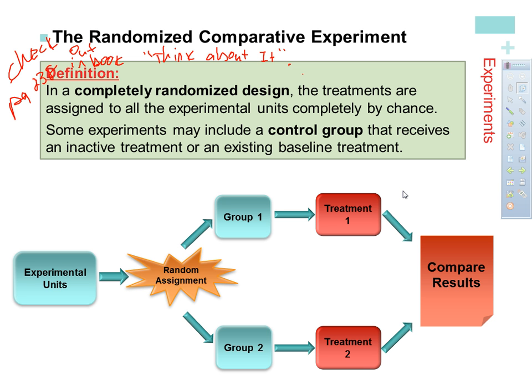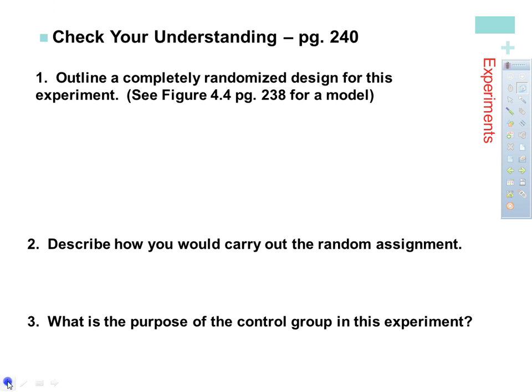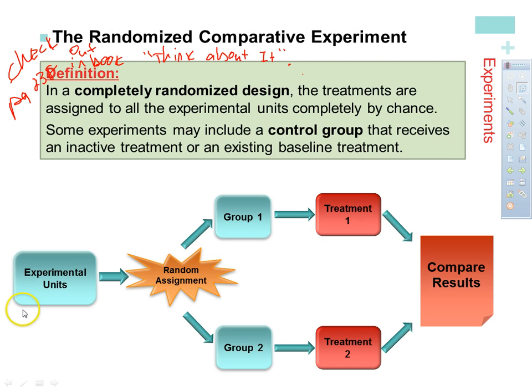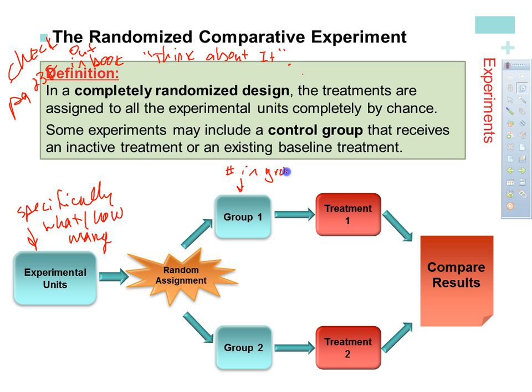Now, you don't want to use this diagram in so much of a generic method, right? So again, specifically, what are these guys? What and how many? Okay. Here you'd want to talk about number in the group for here and here.